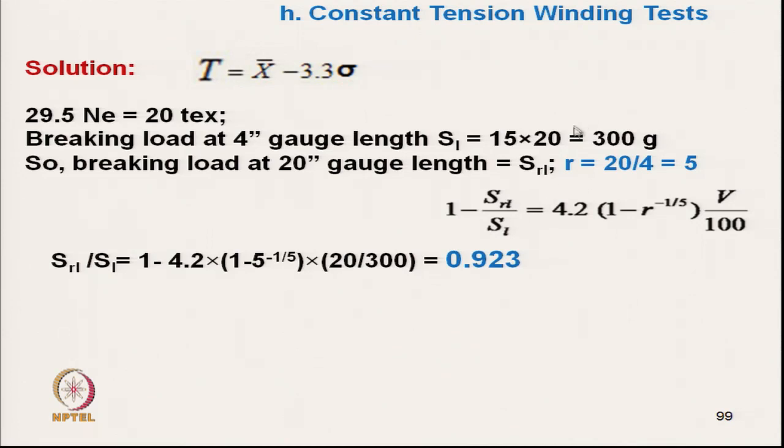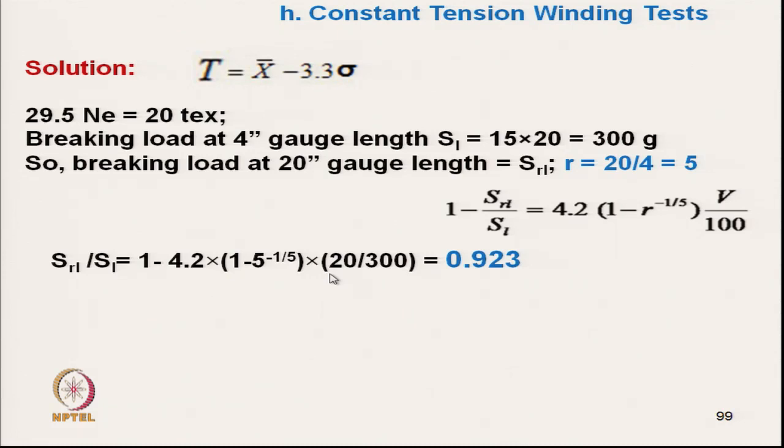The mean breaking strength is 300. So V by 100 is nothing but 20, the standard deviation, by the mean strength.